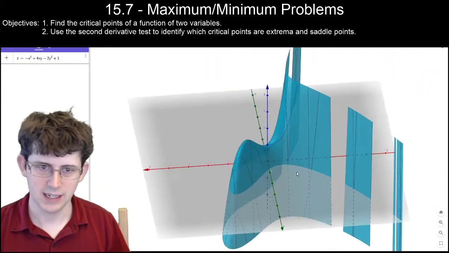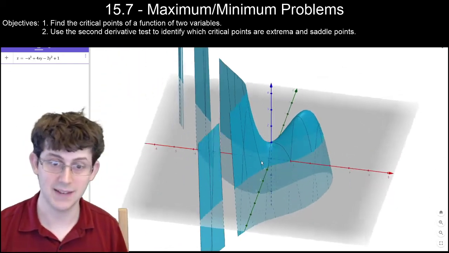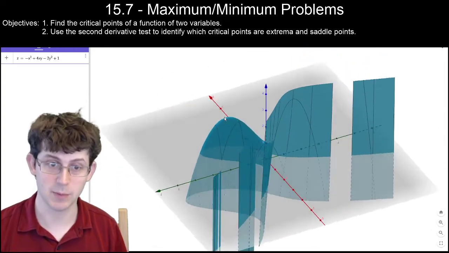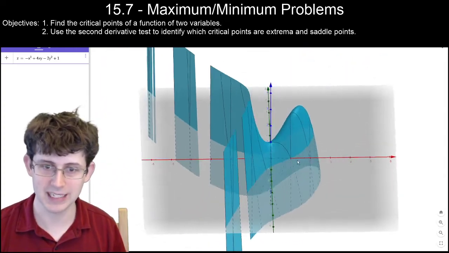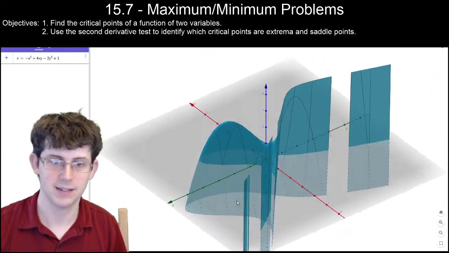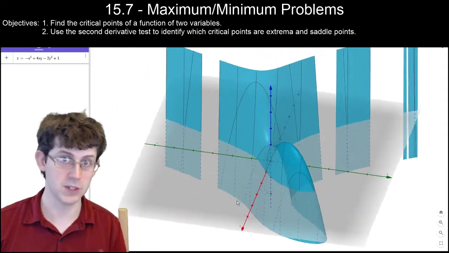The surface is pretty complicated, but it does have a saddle here at x equals 0, y equals 0. And it has a maximum point here, somewhere in the positive x's and positive y's, and that must be at (4/3, 4/3).